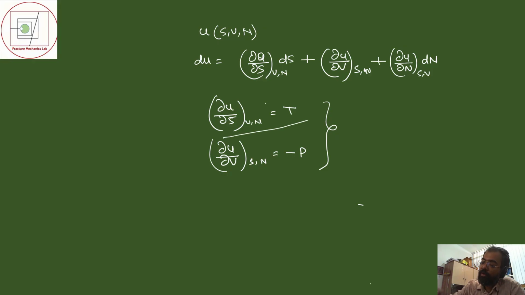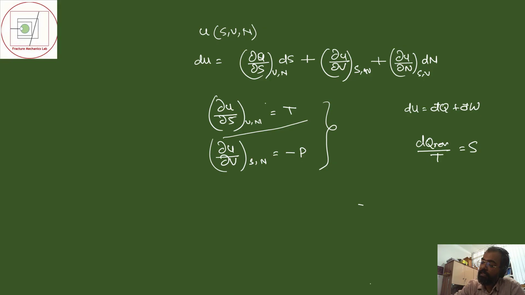Why? Because if you put dU is equal to dQ plus dW, then dQ, you remember, by Clausius inequality for reversible processes, is equal to T dS.